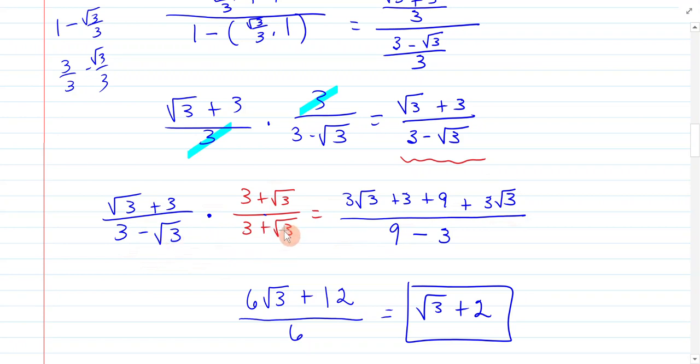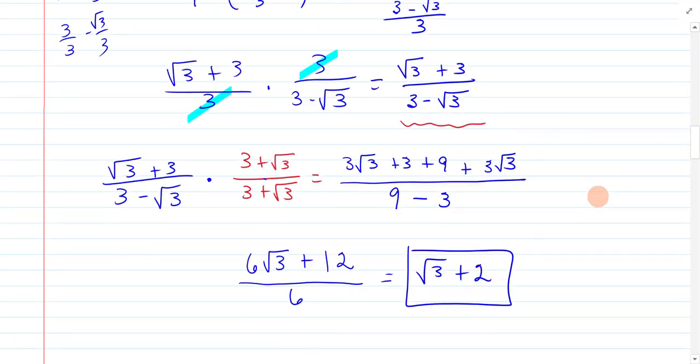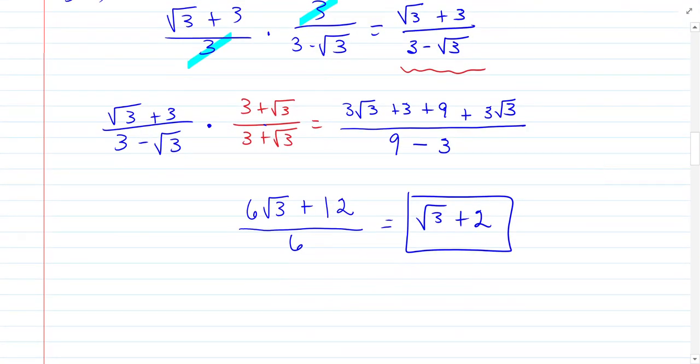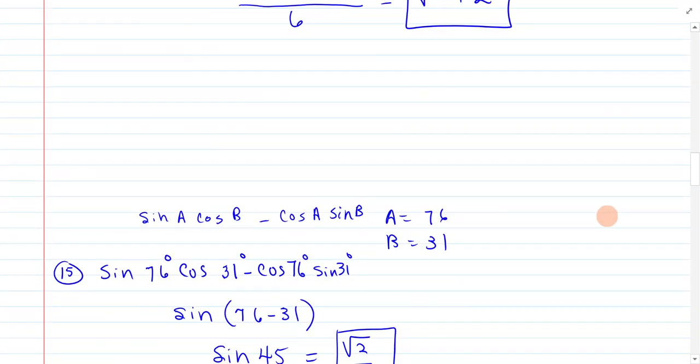They'll cancel out. And we have minus square root of 3 times square root of 3 is 3. So on the bottom, we get 6. Up here, we have 6 square roots of 3 plus 12. And we're going to divide 6 both places. So here we're left with square root of 3, here we're left with 2, and that's our final answer. So lots of algebra in working with that one.